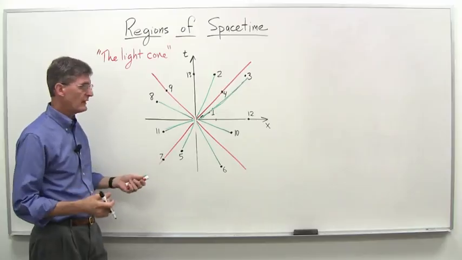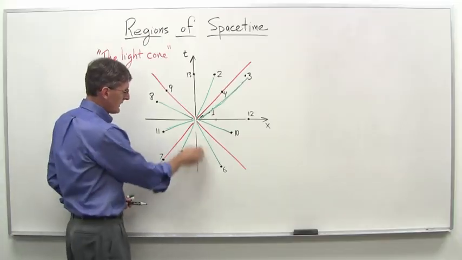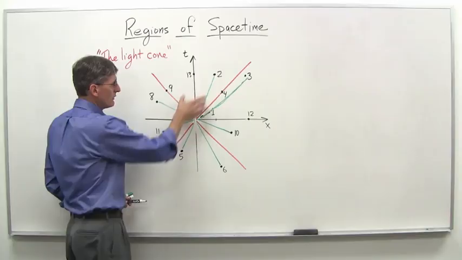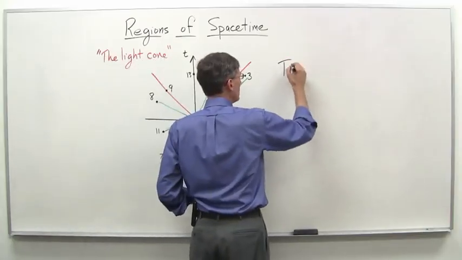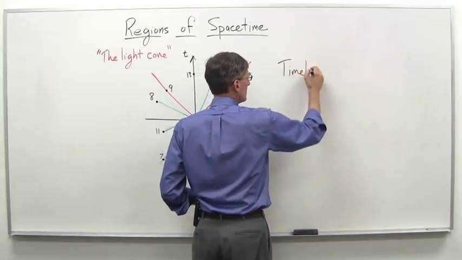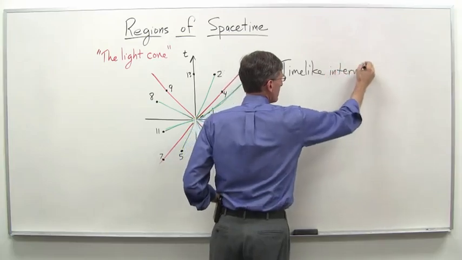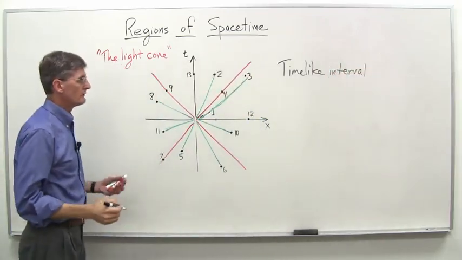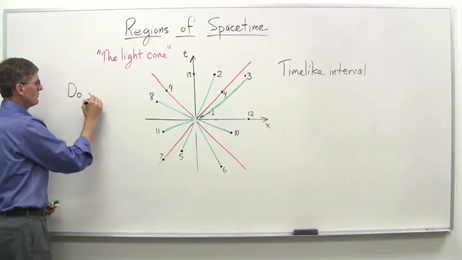And so we have 3 names for these situations, because if you think about it, I can either get there in time, whether I'm going to point 1 or to another point. So that's something, and we call that a time-like interval.